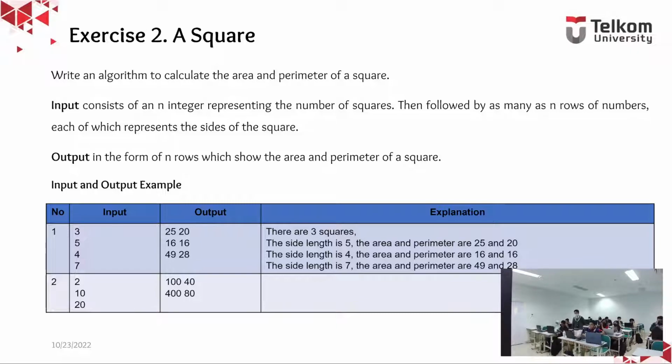After you can write the pseudocode, then try to translate it. So the first number here represents how many squares should be crossed. Okay. So what does 3 mean? The next line consists of 3 lines. What does 2 mean? The next line consists of 2 lines.